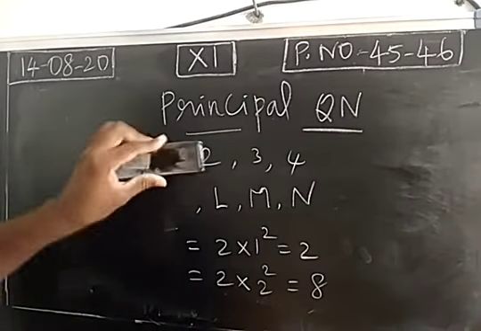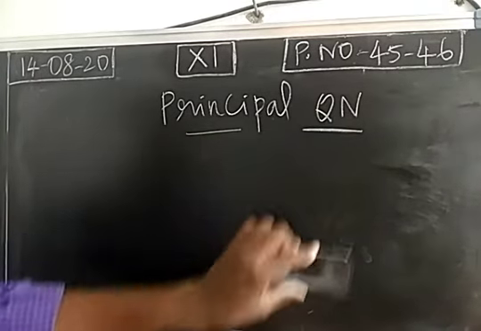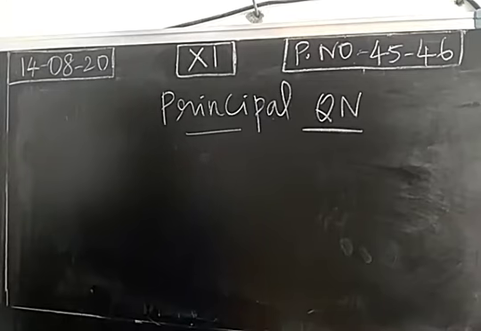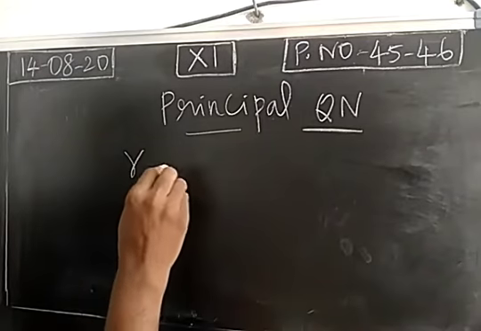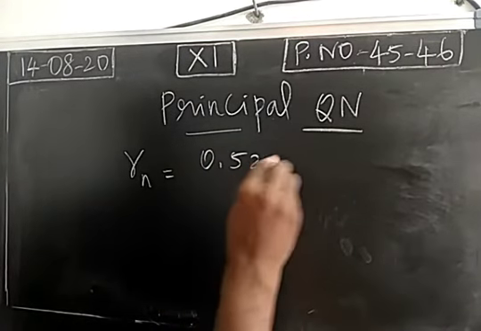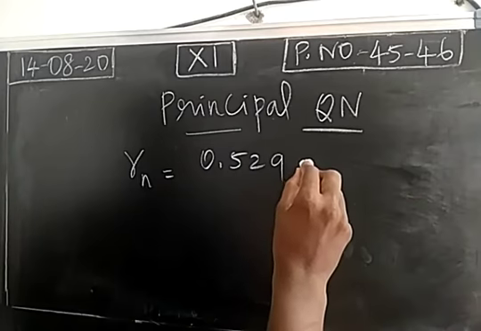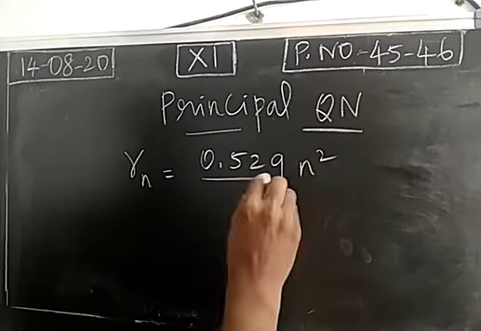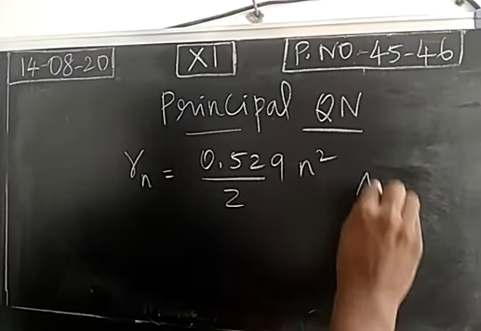Then third point, as we already studied in Bohr's atomic model, if an electron is present in the nth orbit, the radius of the nth orbit is 0.529 n square divided by z angstrom.